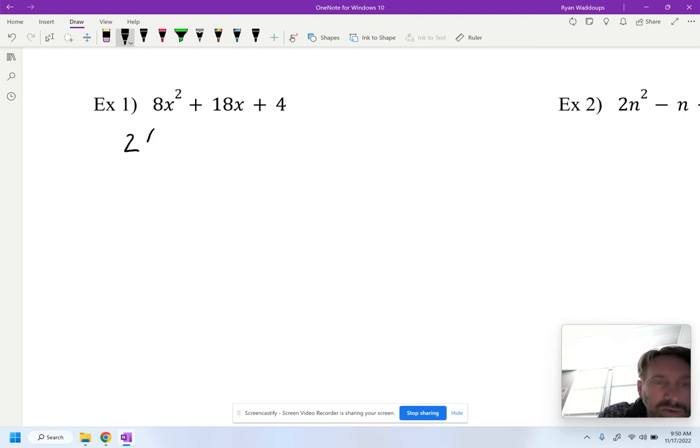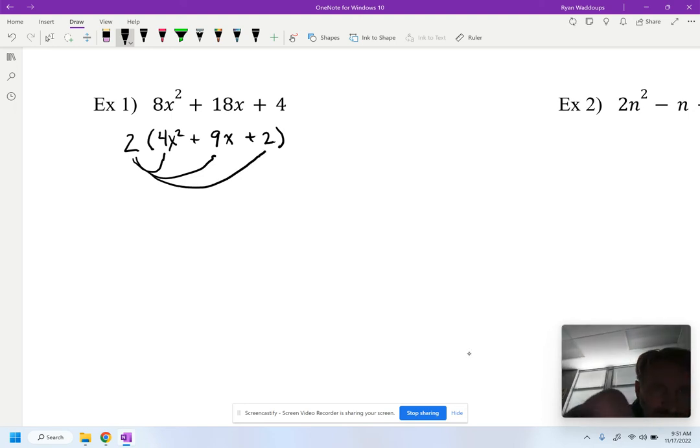So I take out a 2, and that leaves me with 4x squared plus 9x plus 2. Because if I multiply 2 times 4, I get 8, and 2 times 9, I get 18, and 2 times 2, I get 4. So that's just a quick check.